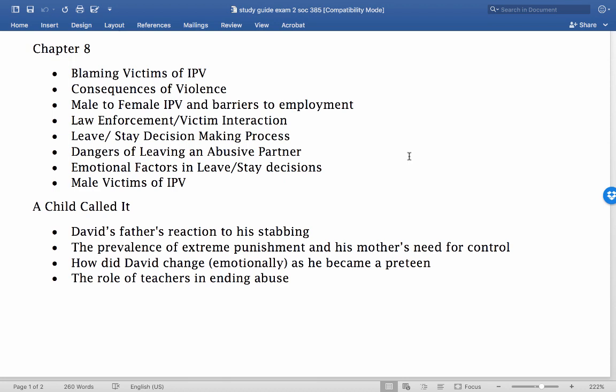So, as far as consequences, we talked about this. This is the next slide. People experience a lot of fear, trauma, stress. PTSD is like the long term version of that, just as a result of experiencing a lot of this violence on a day to day basis. When it comes to barriers to employment, it's very often that abusive partners will interfere with their victims' work lives.